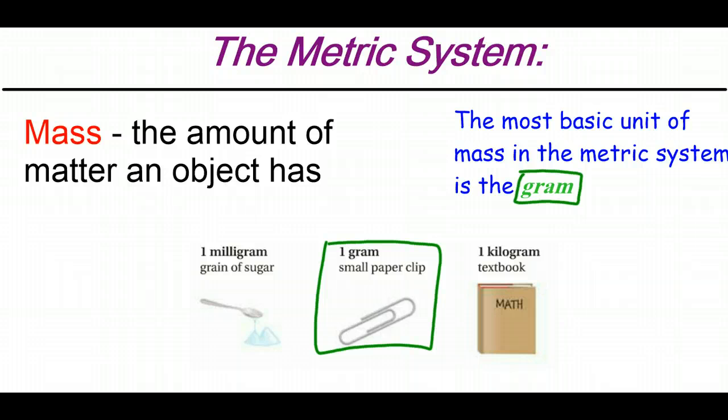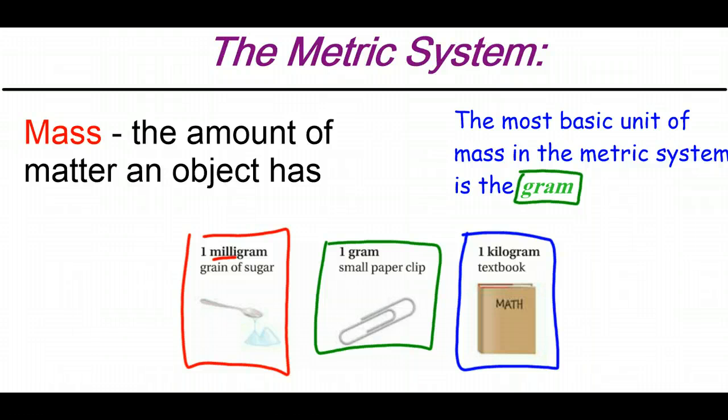And that is not very big at all, at least when we compare things like a meter is the height of a chair or a liter is the size of a large water bottle. A gram is comparatively small based on things that we're used to saying. A milligram, when we go all the way back to the small unit, is about the amount of mass in 1 singular grain of sugar. And a kilogram is about the amount of mass in a textbook, perhaps like our math textbook.